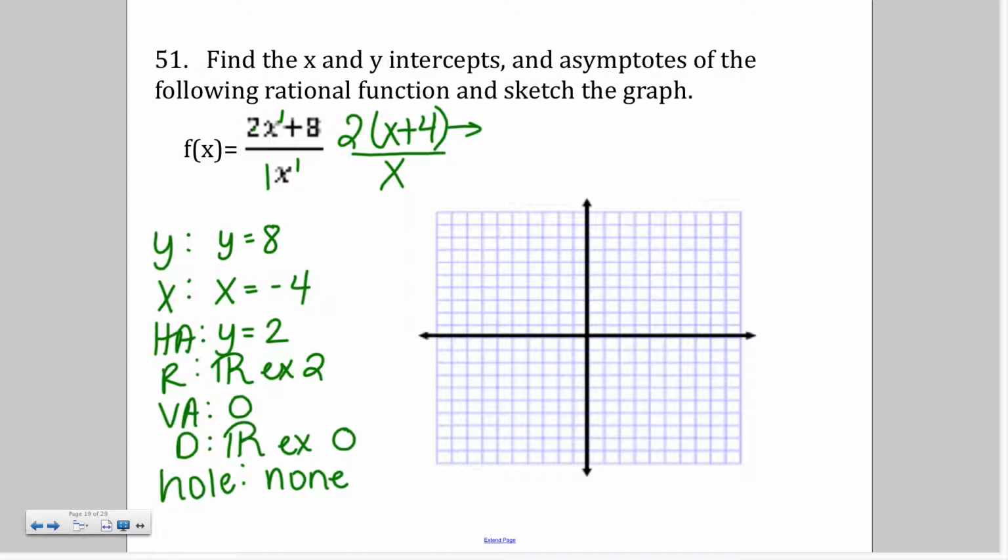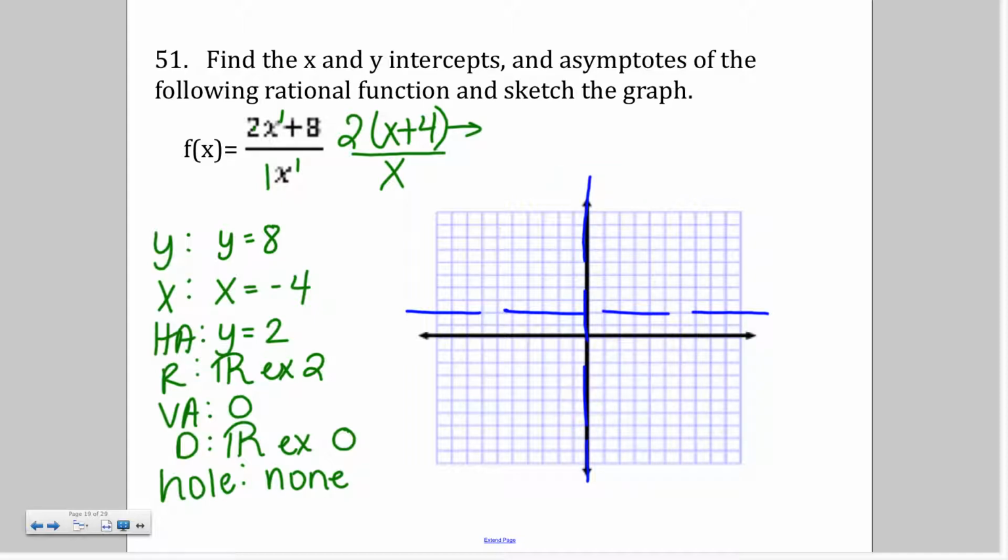Now let's graph it. So we have a vertical asymptote at 0, and I'm just going to dot this so you can see it, which is on our y-axis. And then we have a horizontal asymptote at 2. Okay, now let's plot our points.